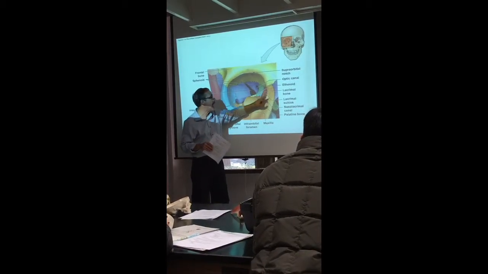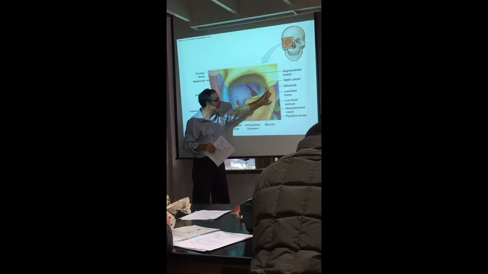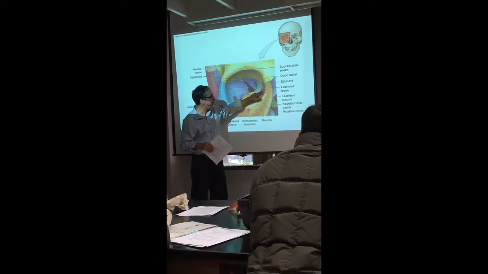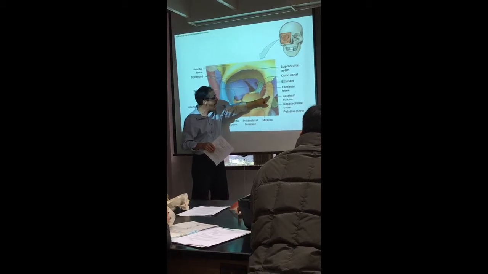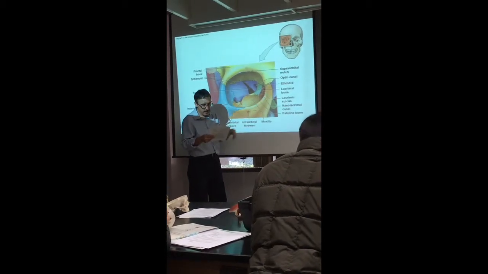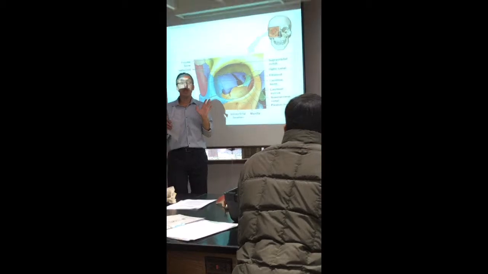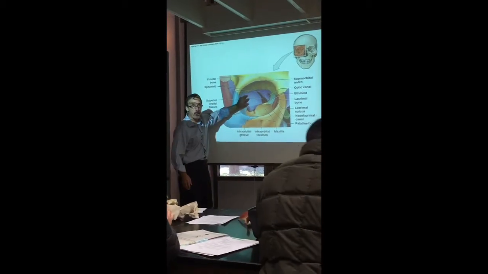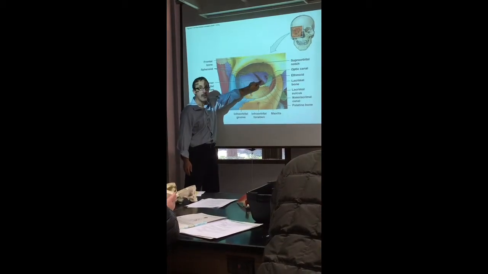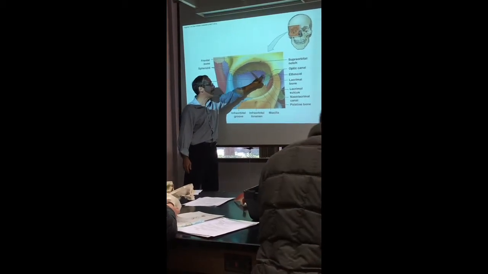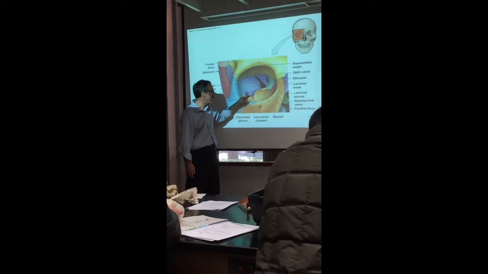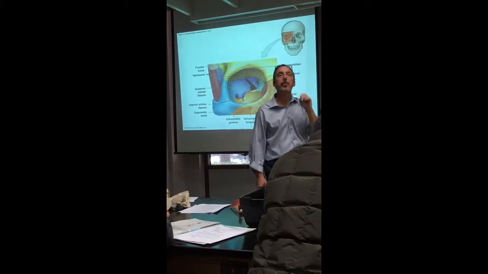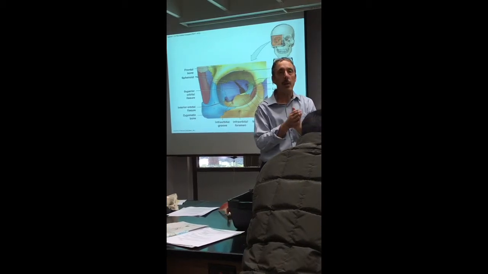I'm not too worried about that. Just know that the medial part is the maxilla and lacrimal bone. The back of the orbit is mostly sphenoid bone. Remember the superior orbital fissure, the optic canal, and the inferior orbital fissure were in the sphenoid. So think of the back of the orbit predominantly being the sphenoid.